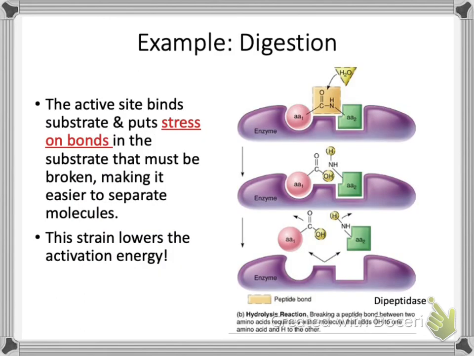So let's look at some more examples just to understand why induced fit actually reduces the activation energy. Let's look at this digestion example. This enzyme is a type of dipeptidase. In this case, it is digesting a dipeptide into 2 amino acids. You can see that this dipeptide is coming into the active site of the enzyme, and because of induced fit, the enzyme is essentially wrapping around those 2 amino acids and putting stress on the peptide bond between them.